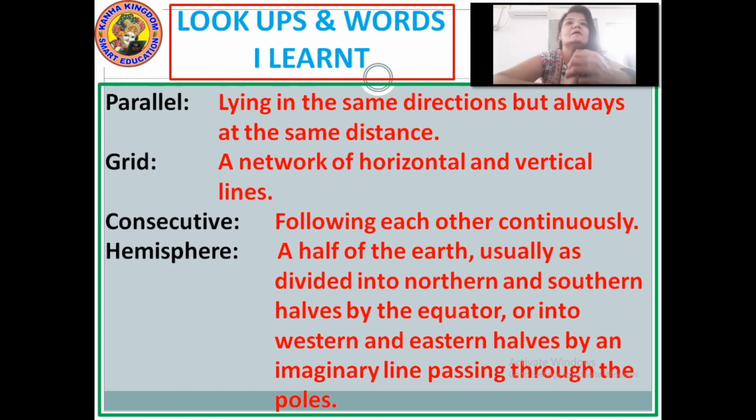Grid means a network of horizontal and vertical lines. Parallel, lying in the same direction but always at the same distance. Grid, a network of horizontal and vertical lines.